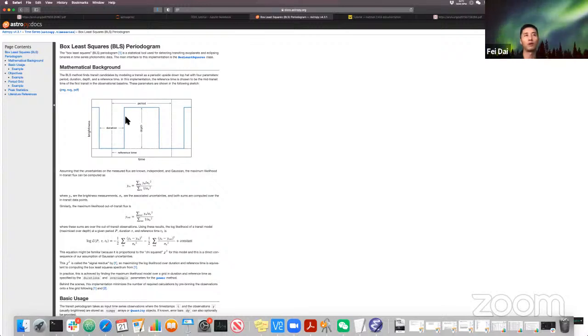So the BLS method actually performs what is called a matched filter. Here you have approximated the transit light curve as this box-like shape. And you can do a grid search in period, duration, and depth to see which combination of these three parameters gives you the best fit to the data.